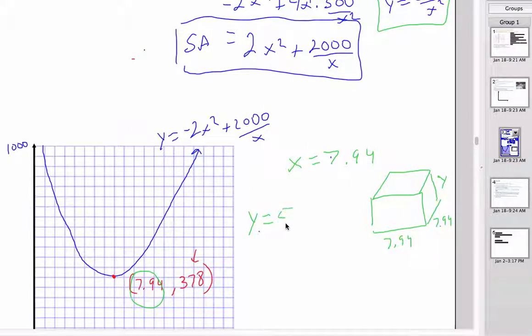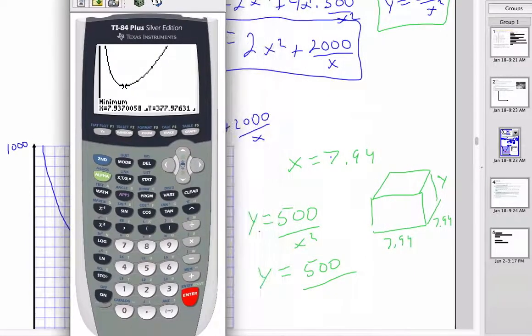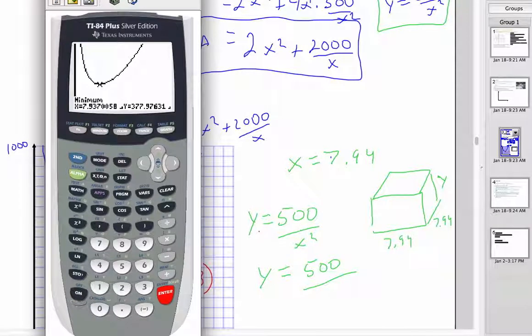To get the most accurate answer, I'm going to use more decimal places of x here. 7.937 I think I'll use.